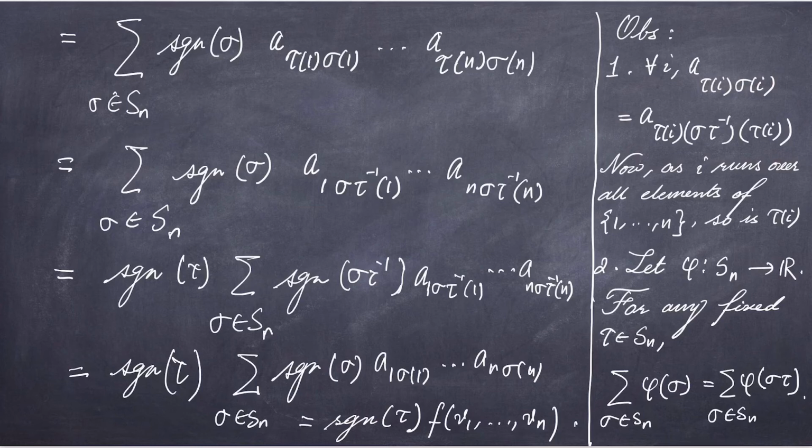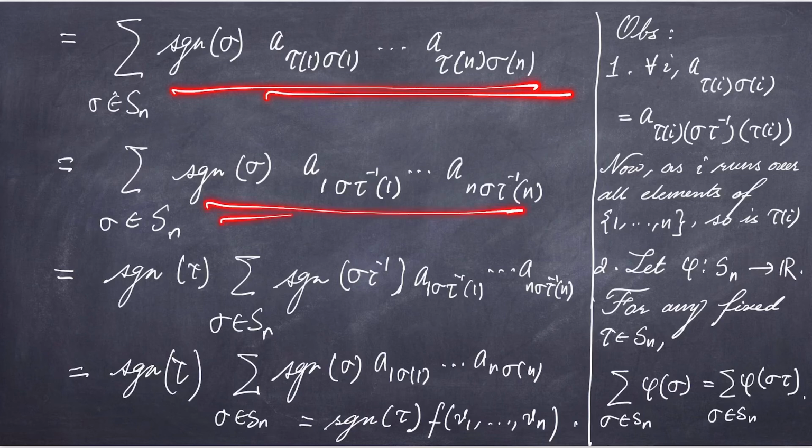Now since i runs over all the elements of 1 up to n, so does tau(i). Therefore these terms are nothing but these terms, perhaps arranged in a different manner, and at the level of product there won't be any change. So this product here is the same as this product.